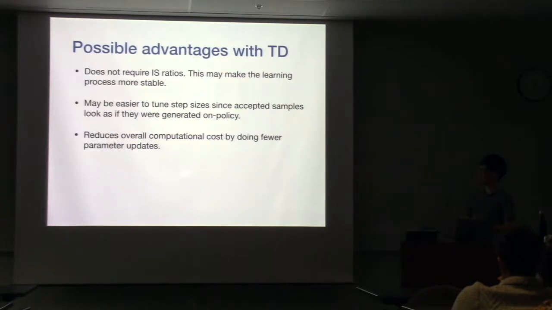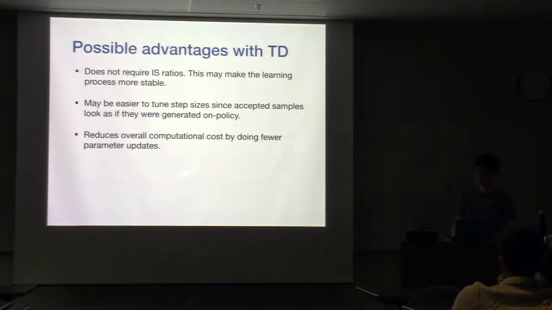So I would imagine that a good step size here would be a good one for the target policy. On the other hand, with importance sampling, you usually need to be careful with the step size so that the largest importance sampling ratio times your step size isn't too big. But here, you wouldn't need to care about that. So that's related to the first point.